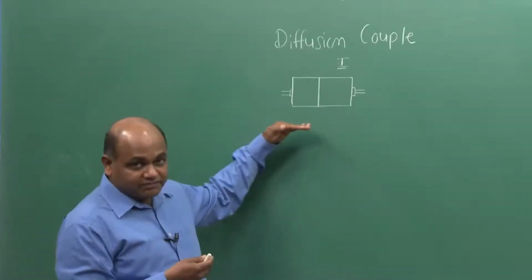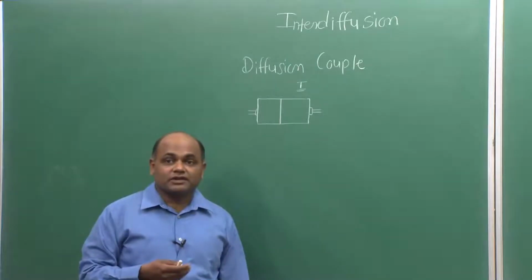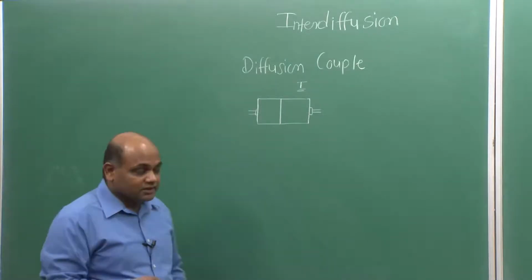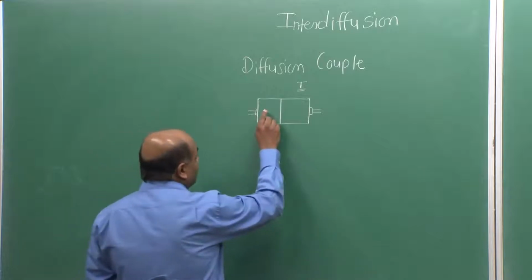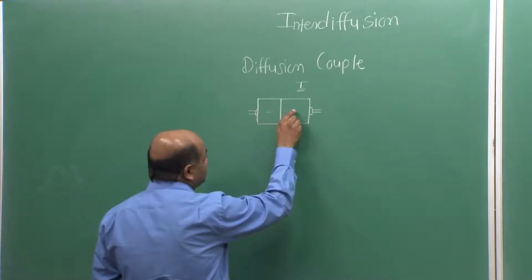After sectioning, the surface is metallographically polished and the composition at each point is determined along the diffusion zone.